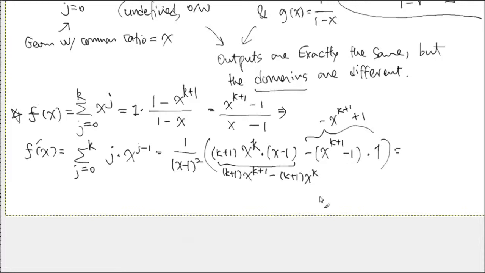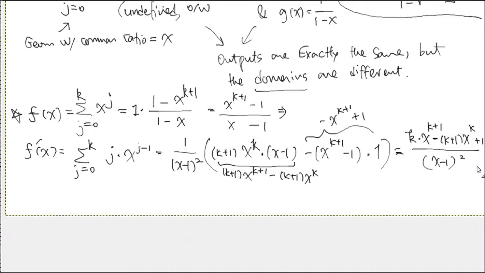Those are the two terms that fall out. I'm going to collect them in the numerator. The x to the k plus 1 terms have the same power, so k plus 1 and negative 1 combine to become k times x to the k plus 1. The middle term is negative k plus 1 times x to the k, and there's a positive 1 there, all divided by x minus 1 squared.